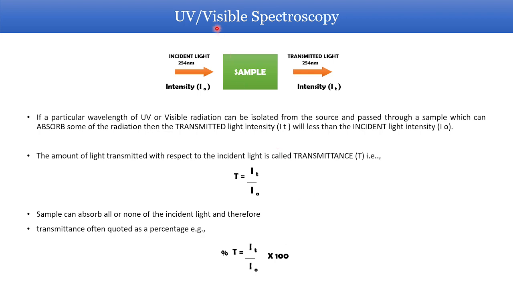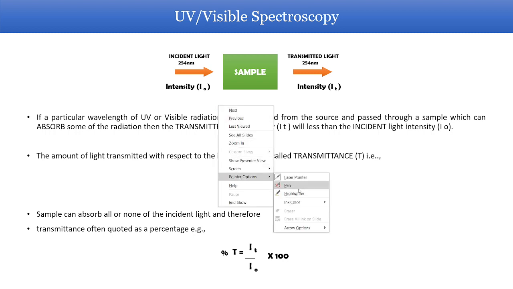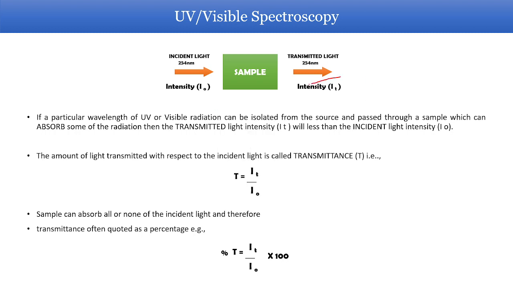Here we have UV visible spectroscopy where the incident light is passed at a wavelength of 254 nanometer through a particular sample having intensity I0, whereas the transmitted light that we get is IT.